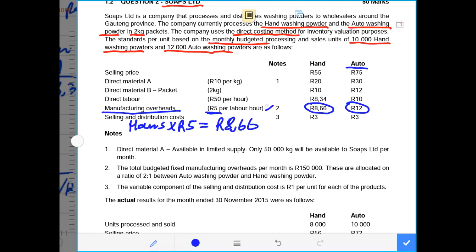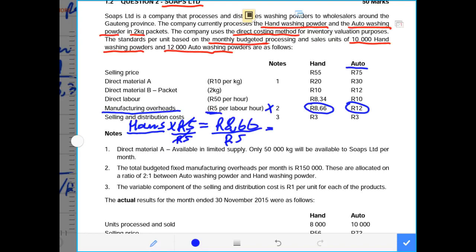So there is a missing multiplication here. Now we are looking for hours, because we already have the rate per hour of 5 rand and the cost per unit of 8 rand 66 cents. So we divide by 5 rand, because we are looking for hours. 5 rand cancels 5 rand, and on this side we also divide by 5 rand.